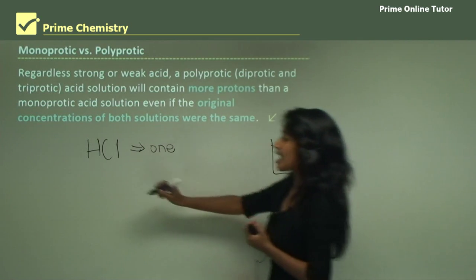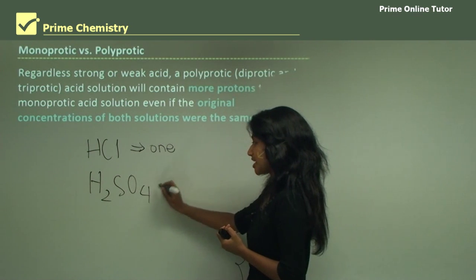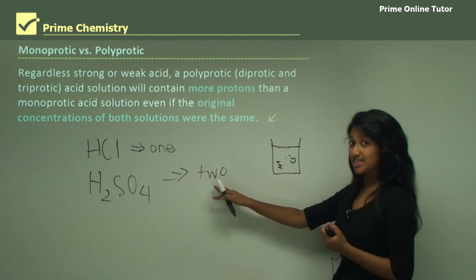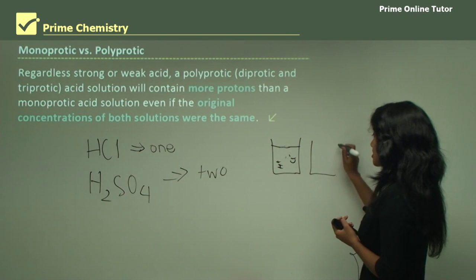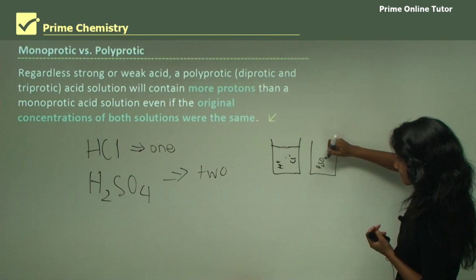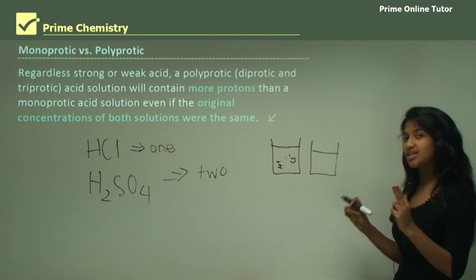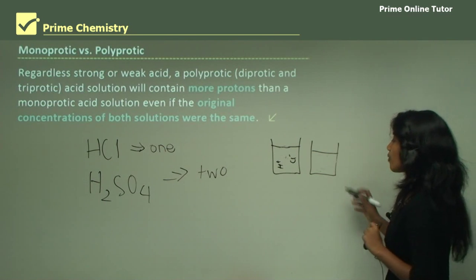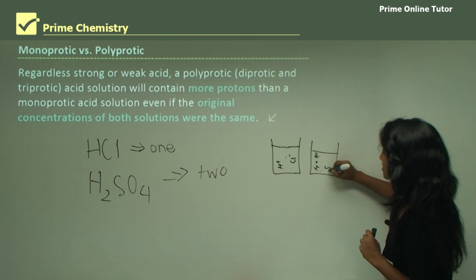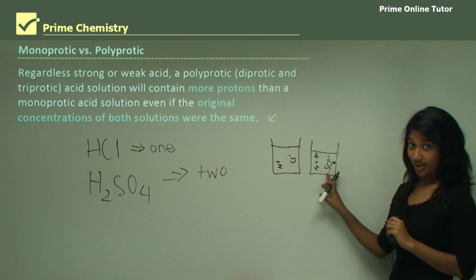But if we take H2SO4, now H2SO4 we know is a diprotic acid, and again this diprotic acid has two protons it can donate. Meaning, if you have a beaker with one molecule of acid, H2SO4, in aqueous solution, it will dissociate in 2 steps. Remember, ionization occurs in 2 steps for a diprotic acid, and it will have 2 hydrogen ions along with 1 sulfate ion like this.